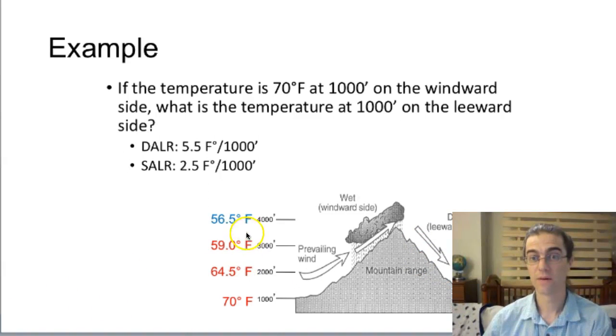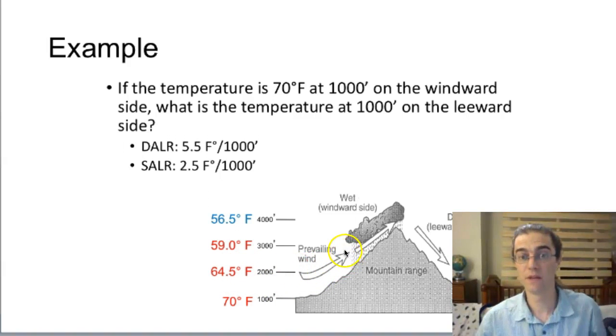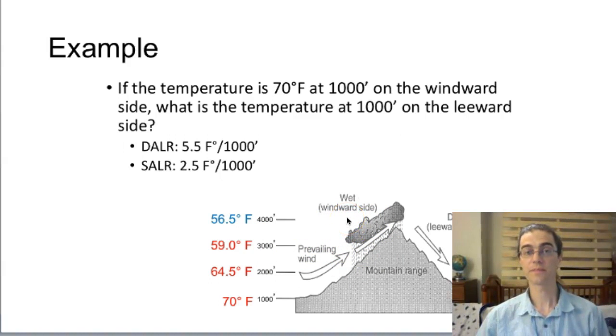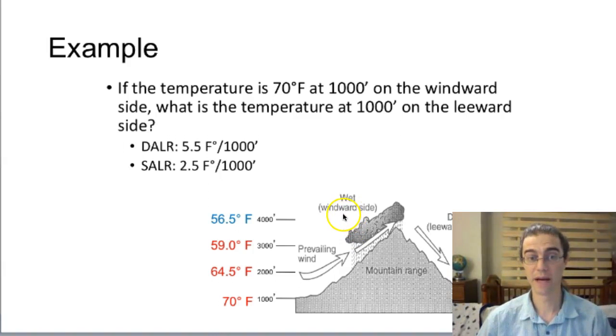So how this plays out is, starting at 70 degrees, go up 1,000 feet, lose 5.5 degrees, go up another 1,000 feet, lose 5.5 degrees. It puts us at 59. But then we've reached saturation, so we use the saturated adiabatic lapse rate, 2.5 degrees per 1,000 feet.